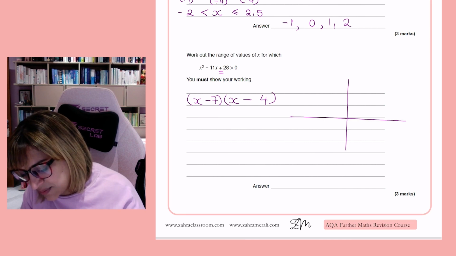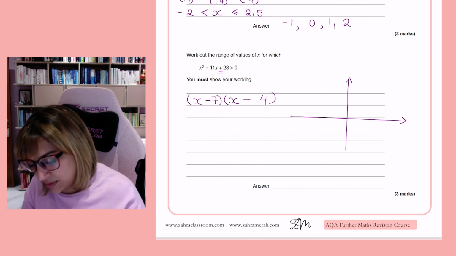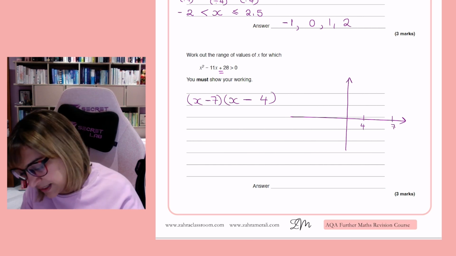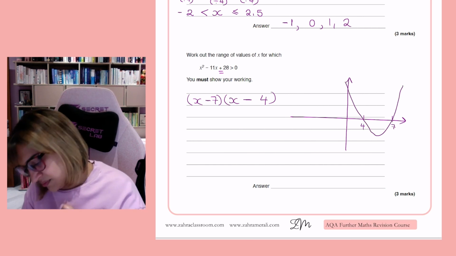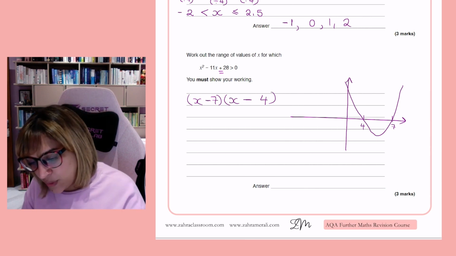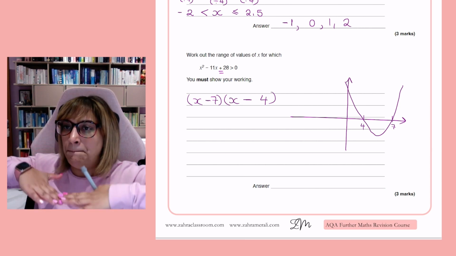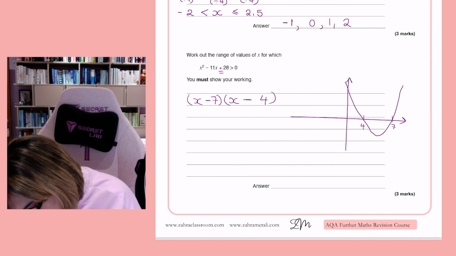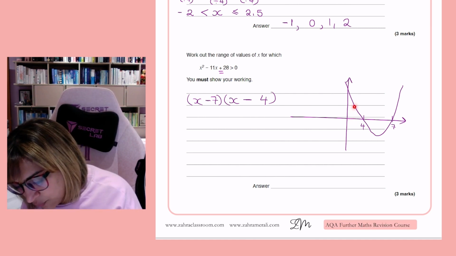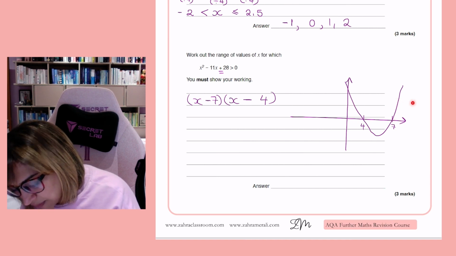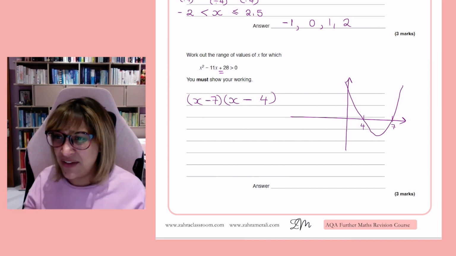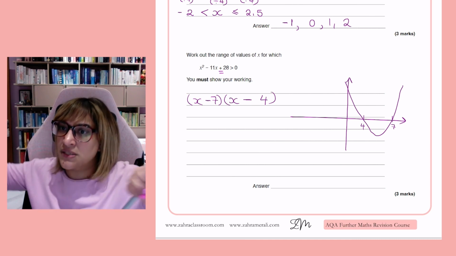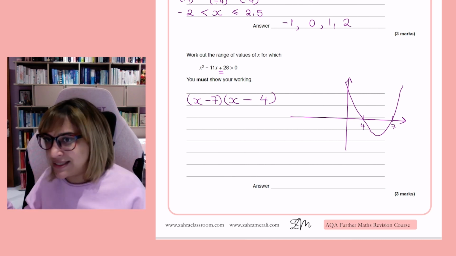There are a few ways to do this. First way, which you may have learned, is to think about it's a positive quadratic, so it's a smiley face, it goes through 4 and 7 in my very dodgy graph there, and we're looking for wherever this graph is above the axis, meaning if I take any value of x and I read off the y, it's always going to be positive. Now it's only ever going to be either between the two numbers or outside of the two numbers. It's never going to be anything else.